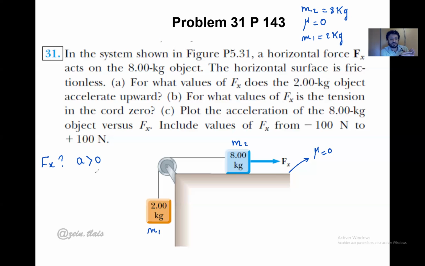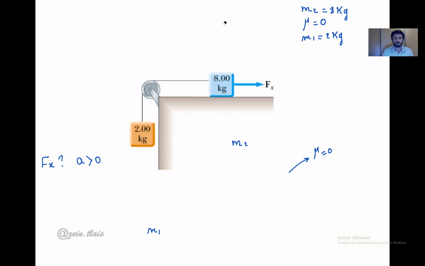We can say here we need to calculate the values of Fx in order to have a positive. So we have to find a relation between Fx and a, and we can discuss the question. Here, before, I want to write the given.